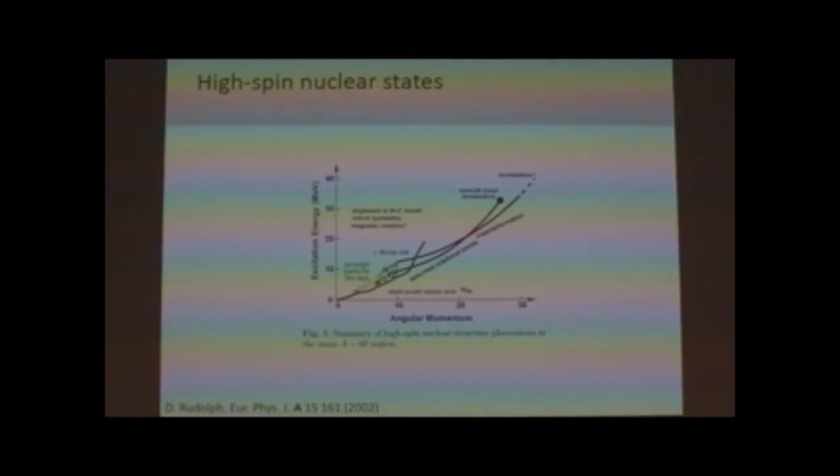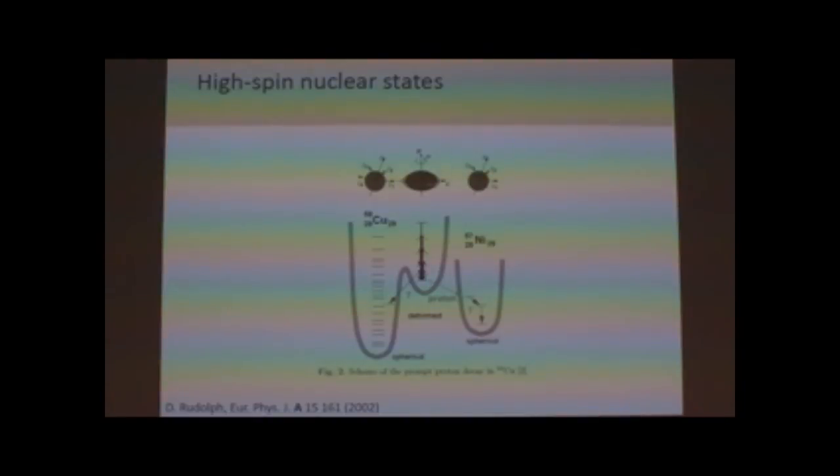The more you spin it, so here's the angular momentum, the more the energy goes up. You spin something that's small, you get some energy and it goes up. The faster you spin it, the more centripetal forces tend to pull things apart and make the thing non-spherical.